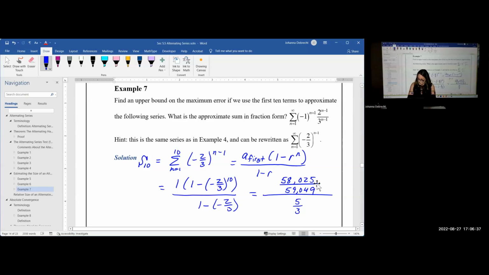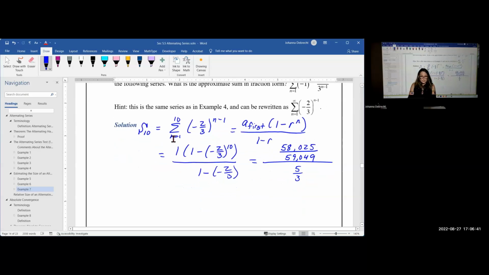When you simplify the complex fraction and reduce it, you end up with 11,605 divided by 19,683, which turns out to be about 0.59.